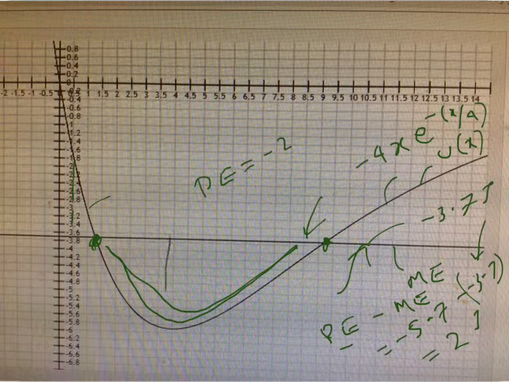We can see this distance where it maximizes somewhere here. If we look here, it looks like 5.9, the value of the potential energy.